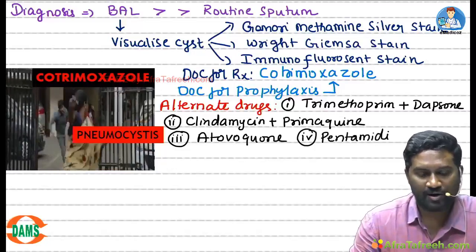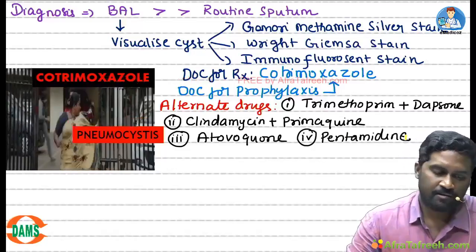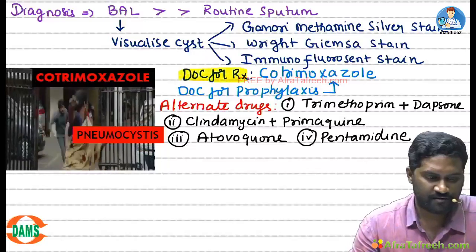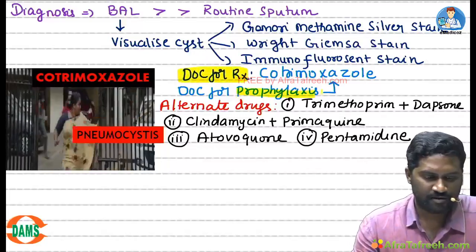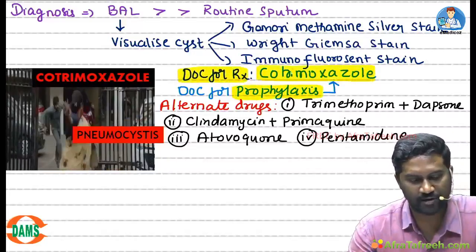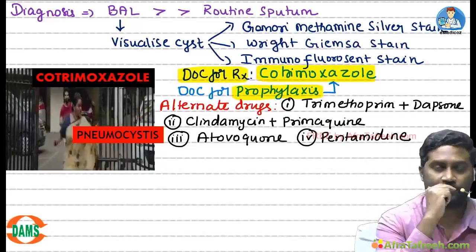These are all alternative drugs, but for all practical purposes, if you see pneumocystis, the drug of choice for treatment and prophylaxis, the single best answer will be cotrimoxazole only.